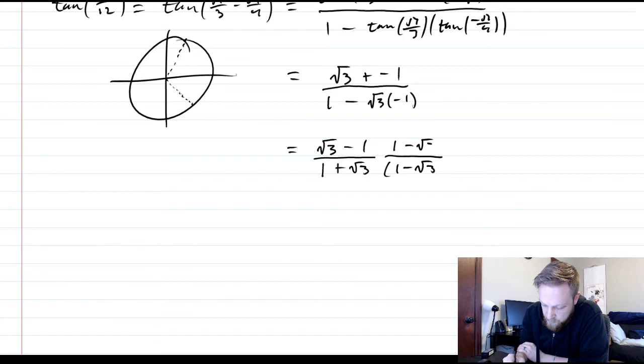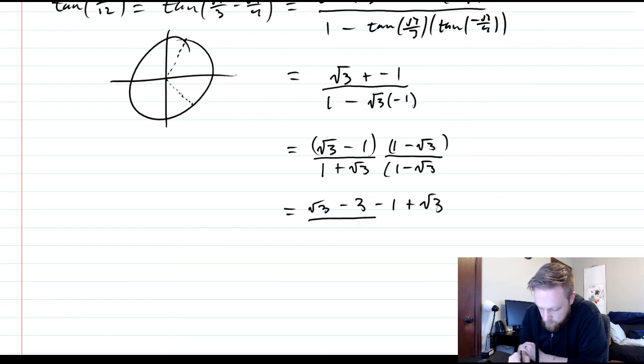We're basically rationalizing. On top you have root 3, negative 3, negative 1, positive root 3, and on the bottom you have the difference of squares. That's 1 squared minus root 3 squared, which is 1 minus 3, which is negative 2.